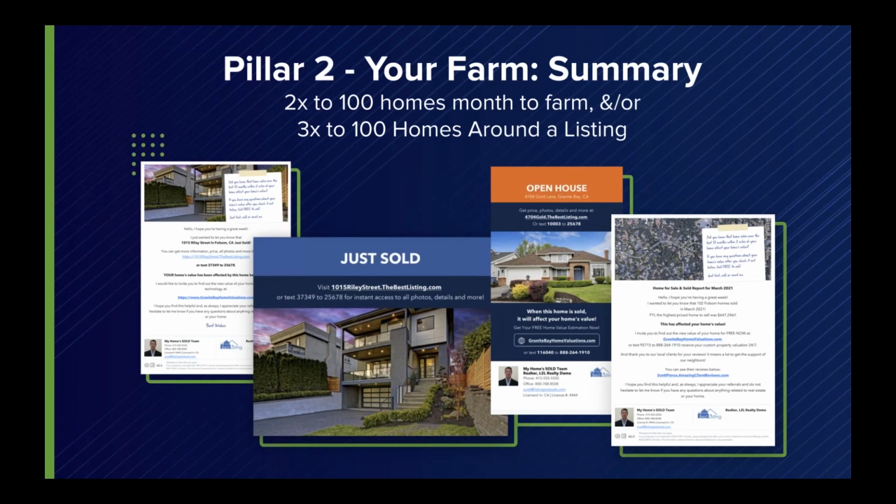Some of our clients will do 100 just listed letters, and then maybe they have an open house. Open houses are absolutely awesome. Our entire open house module is perfection. So they might use a letter for just listed, again when there's an open house, and then lastly when it's sold.